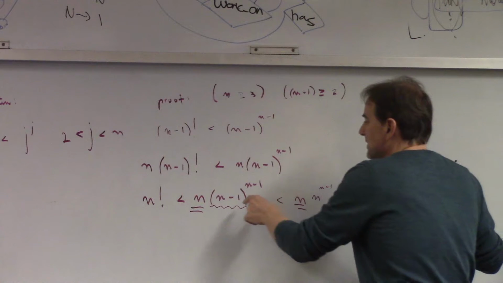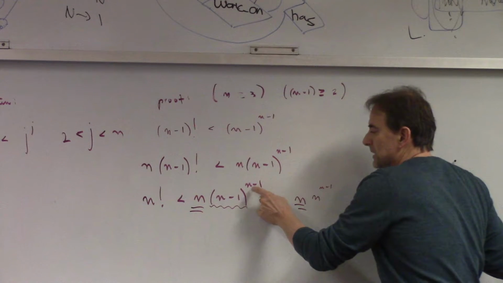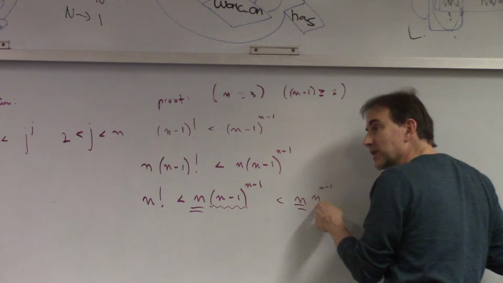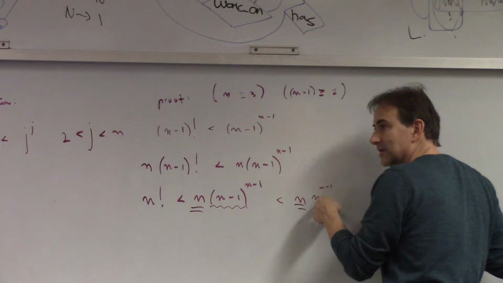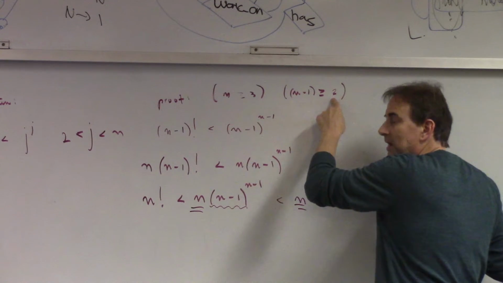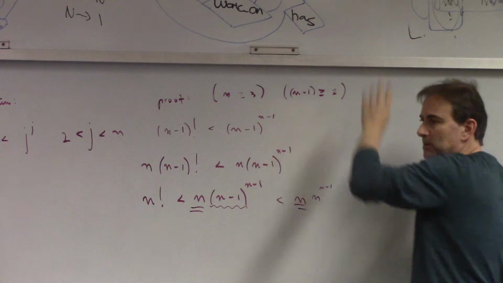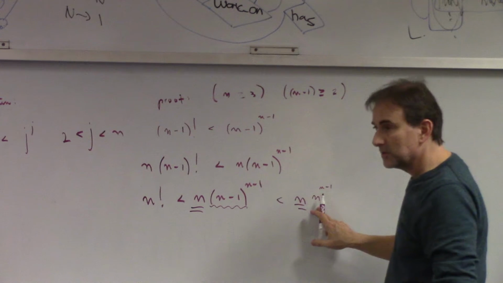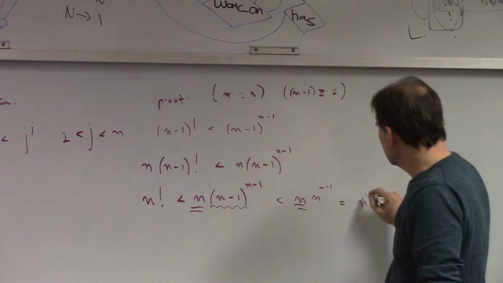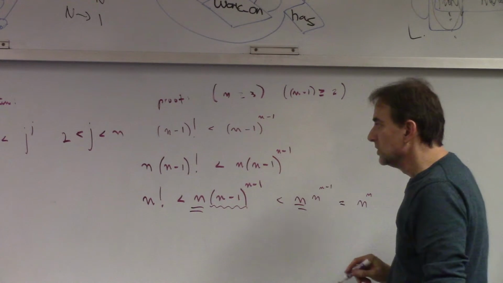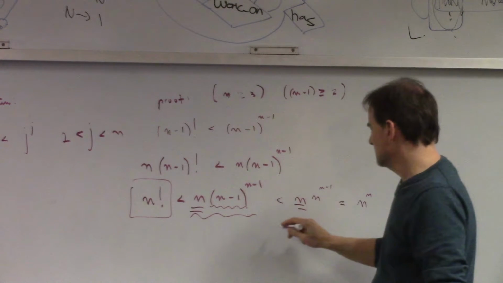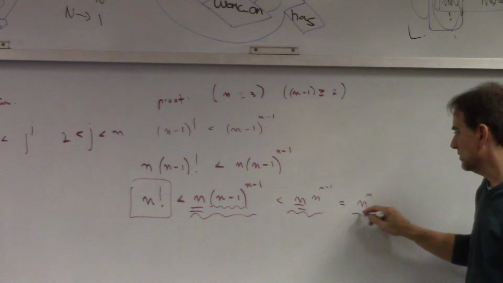And what we're saying here is, there are n minus 1 factors of n minus 1, and here n minus 1 factors of one higher, one positive number higher. At least 2, it could be 3, it could be 4, it could be 5. And of course, when n is large, these become really large numbers, but they're certainly bigger. And of course, this equals n to the n power. So now we have this is less than this, it's less than this, which is equal to this.